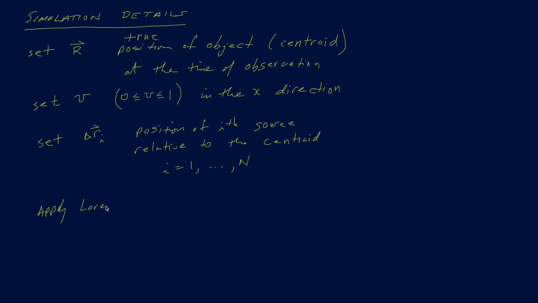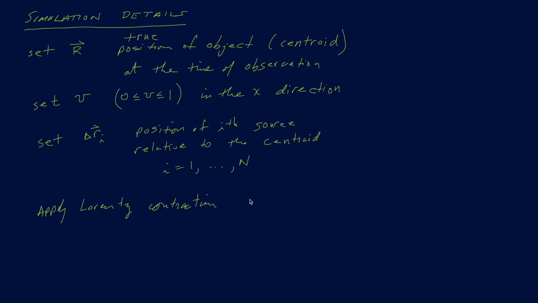Once we have that, we can now apply Lorentz contraction, okay? And the way we do that is the following. Because the thing's moving only in x, only the x coordinate of these delta r sub i's is affected.